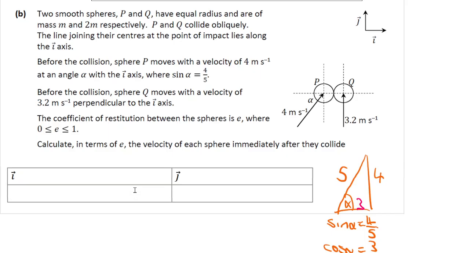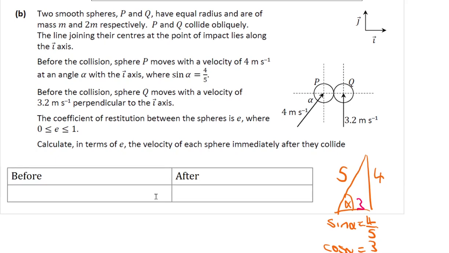In the I direction, we have P and Q, and before and after as well. So this is going to get quite confusing. Actually, not I's and J's. We're going to do befores and afters. Sorry. Before and after.